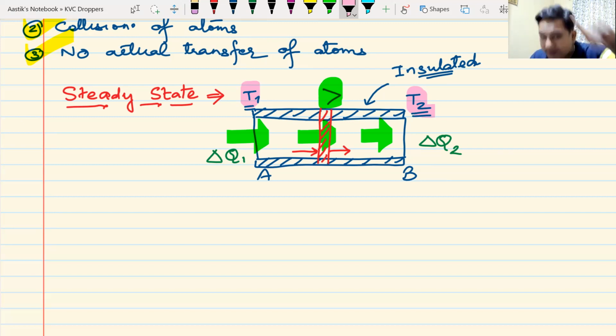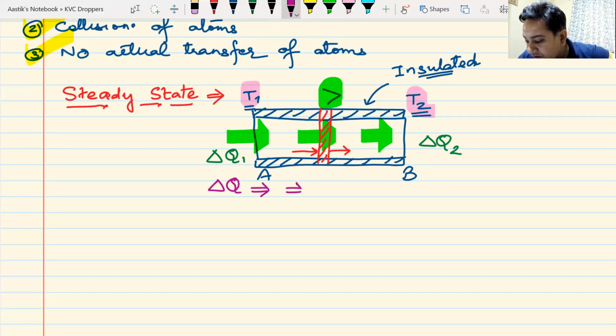Now, there will be a time that comes. What will happen at that time? After some time, whatever heat is leaving section A, if I say delta Q amount of heat leaves section A, after some time the same amount of heat will be reaching section B. Do we understand this scenario?